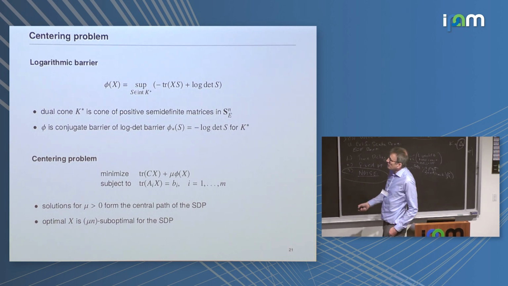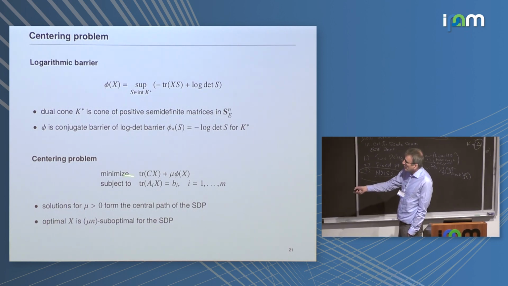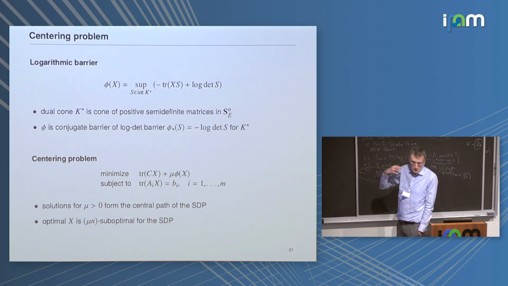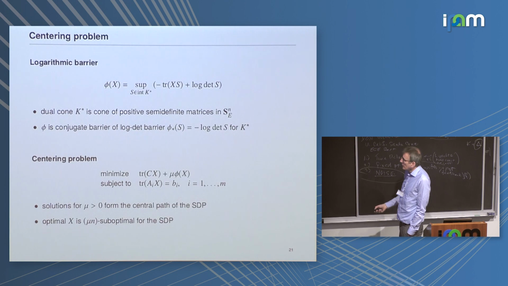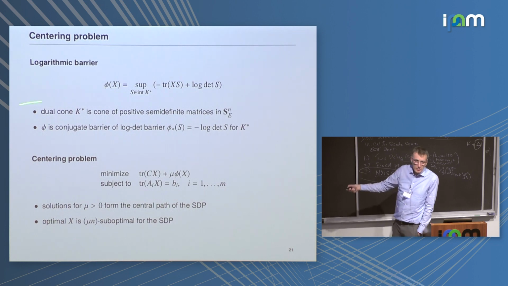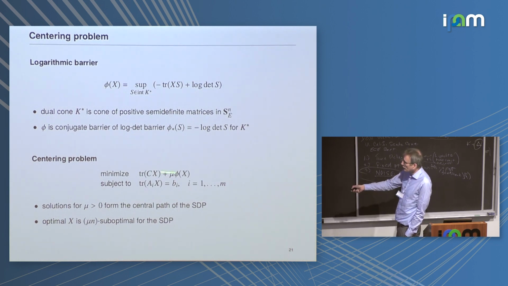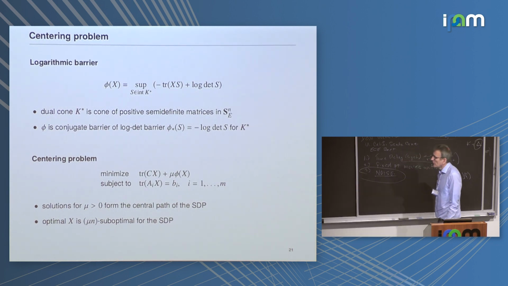Because we use the barrier function as a kernel for the Bregman distance, we cannot really apply it to the actual SDP directly, but we can solve the centering problem of the SDP, where you add a small multiple of the barrier function and remove the inequality constraints and get this optimization problem. This gives you suboptimal solutions for the original problem.